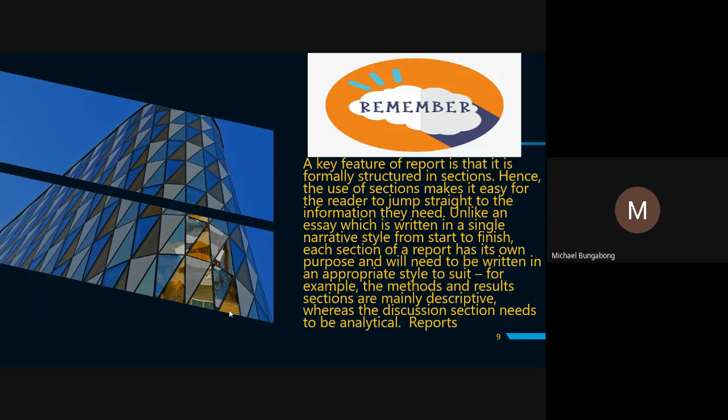For example, the methods and results sections are mainly descriptive, whereas the discussion section needs to be analytical. So again, class, a key feature of a report is that it is formally structured in sections, and each section has its own purpose.